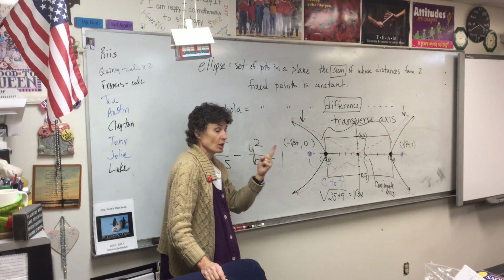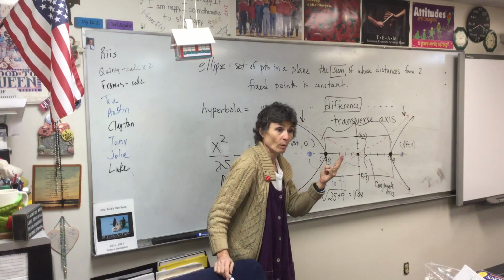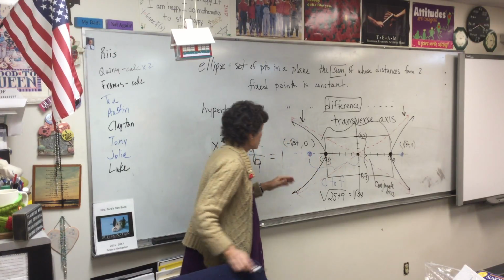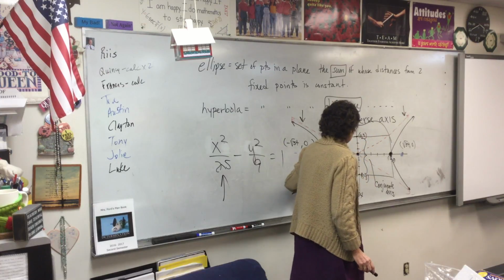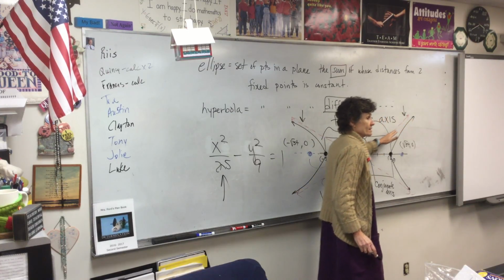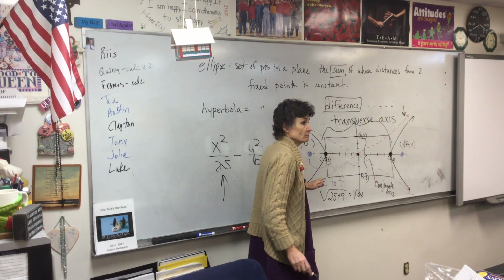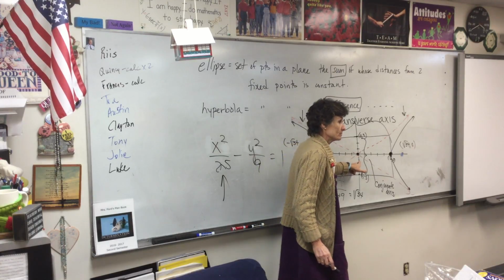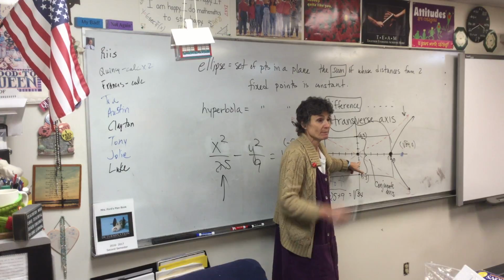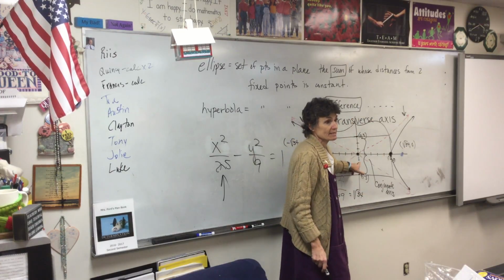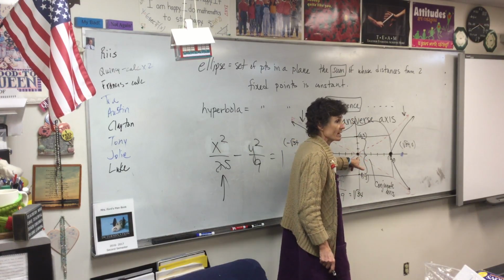We need to know the slope and we need to know a point, right? So I want you to look at this asymptote right here. We'll start with this one. Do we know any points on that asymptote? The center. The center will always be on your asymptotes, right? Because those asymptotes are going to cross at the center. So you're always going to have your point.